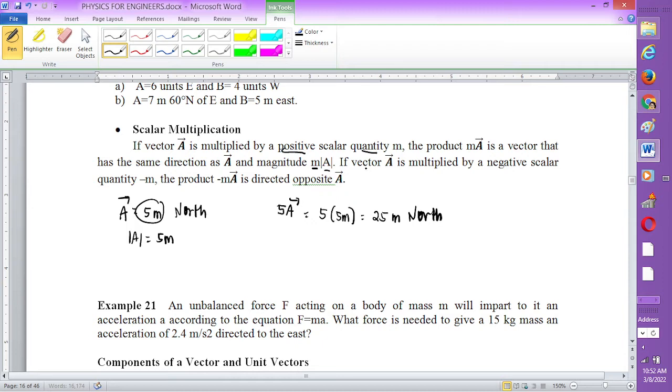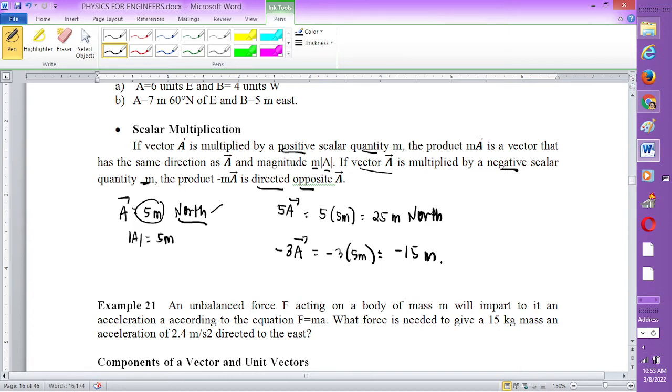But if you multiply a vector with a negative scalar, let's say negative M, let's say negative 3, what will happen? It will simply be negative 3 times 5 meters, and that is negative 15 meters. Since the direction is north, it will be directed opposite the original. So if it is north, then the opposite will become south.